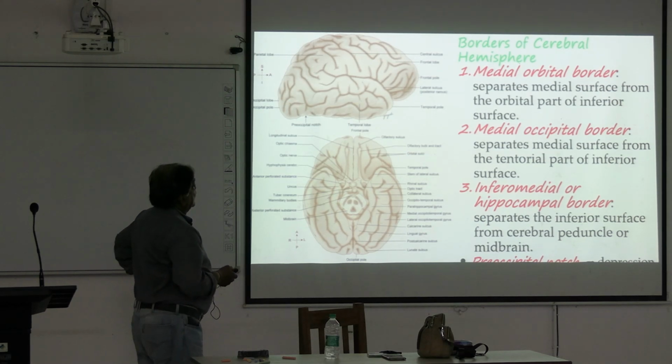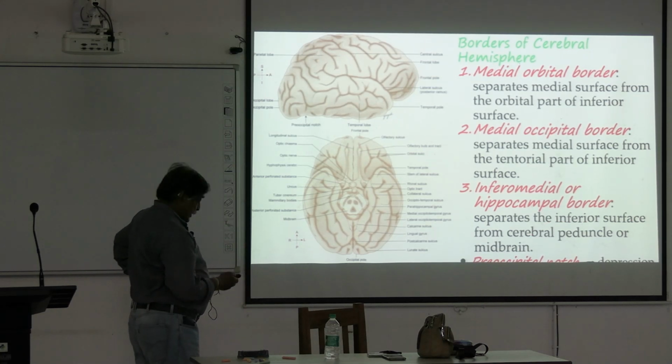Now medial orbital border separates medial surface from the orbital part of the inferior surface. Medial occipital border separates medial surface from the temporal part of the inferior surface. Inframedial or hippocampal border separates the inferior surface from the cerebral peduncle or midbrain.